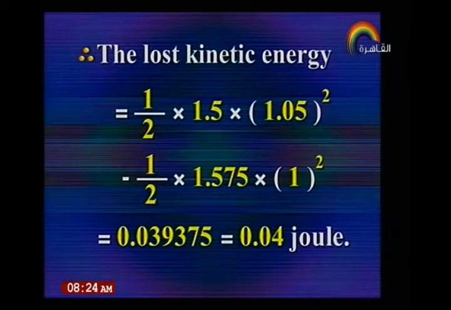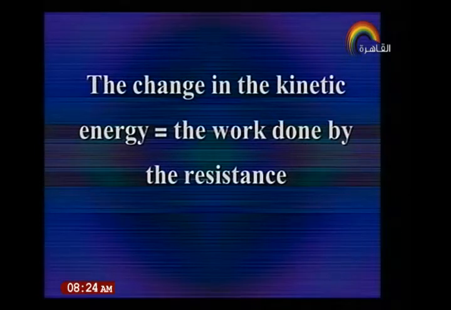This lost kinetic energy when the hammer hits a nail must equal 0.04 joule. What is the change in kinetic energy? It equals the work done by the resistance. Remember this rule: work done by resistance equals change of kinetic energy.